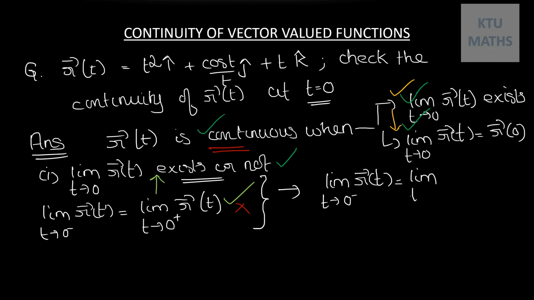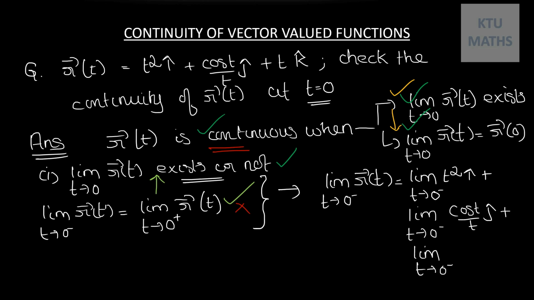I am taking the limit of its component functions: left limit t tends to 0 t square i plus left limit t tends to 0 cos t by t j plus left limit t tends to 0 t k. We can find these one by one here.